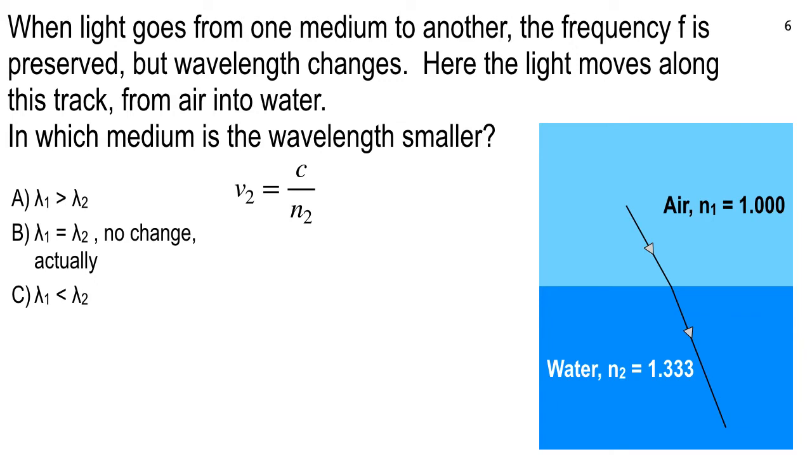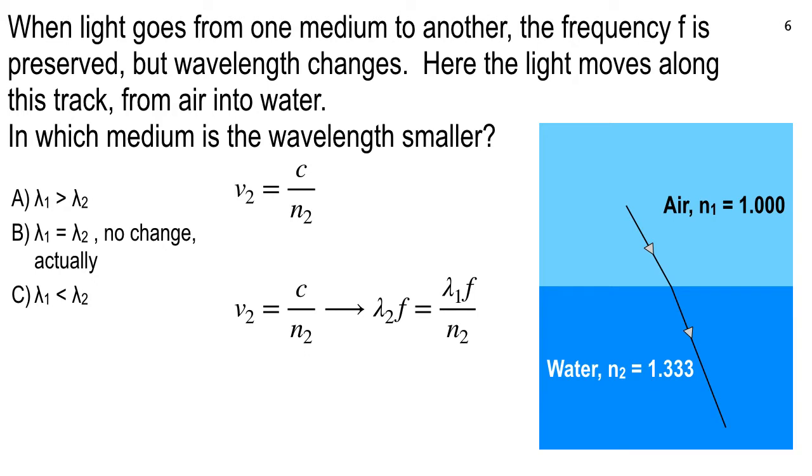Now, c is equal to lambda f no matter what lambda and f you have. Up on top, we have lambda 1, the wavelength in air. So I replaced this c in the first quotient with lambda 1 f, and I left N2 down here in the denominator.